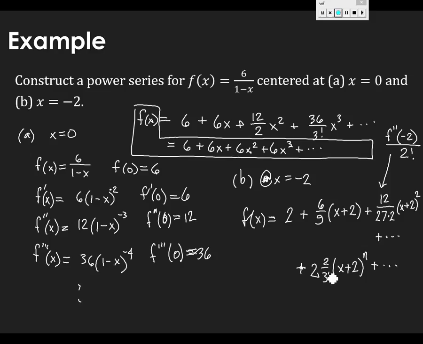I want to make sure I said this right. 2/3 to the n. Here. I want to make sure. It'd be 2 times.